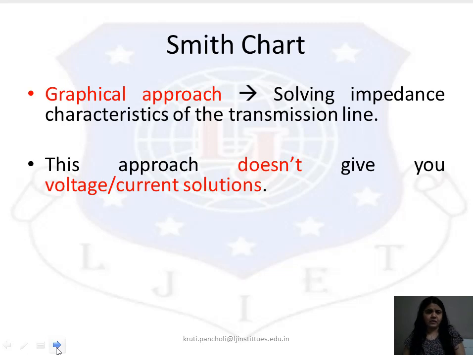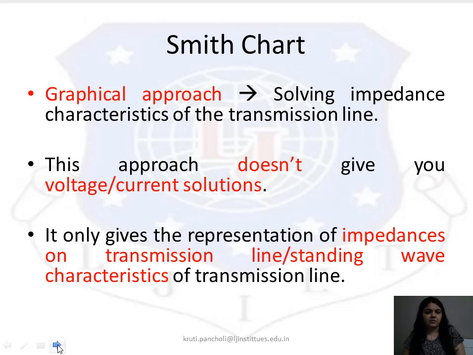Over here, using the Smith chart, you can have the answer in terms of the impedance, admittance, resistance, everything that we can find out. So it only gives the representation of impedance on the transmission line and the standing wave characteristics. These two things you can always get by using the transmission Smith chart.